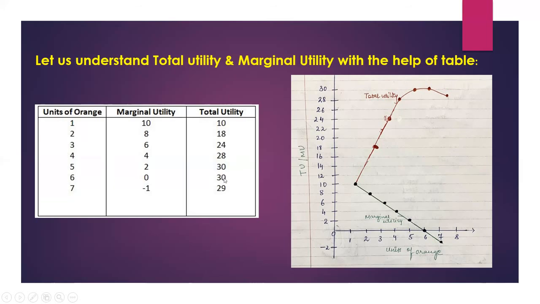But when marginal utility is 0, we can see that the total utility is maximum. But as and when marginal utility keeps on decreasing, we can see that the total utility also falls.